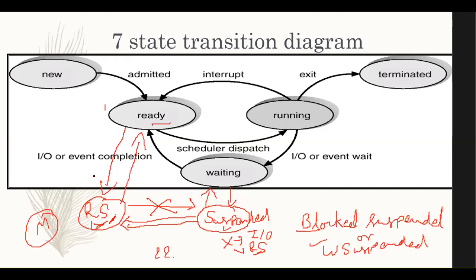Now if you Google it, you will find, because in books generally you will not find this kind of stuff, that there is one arrow from new directly to ready suspended. Is this possible? The answer is yes, it is possible.